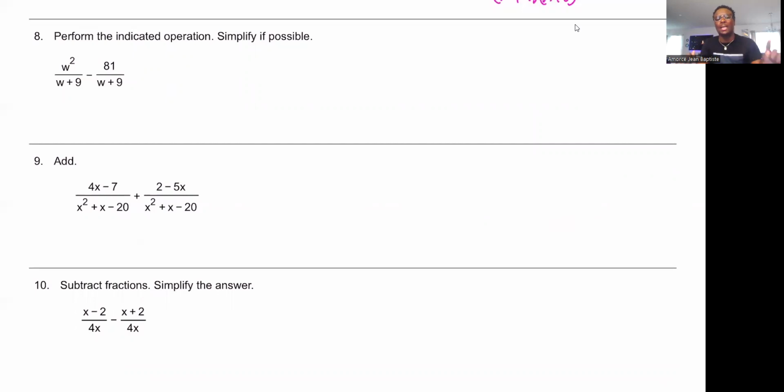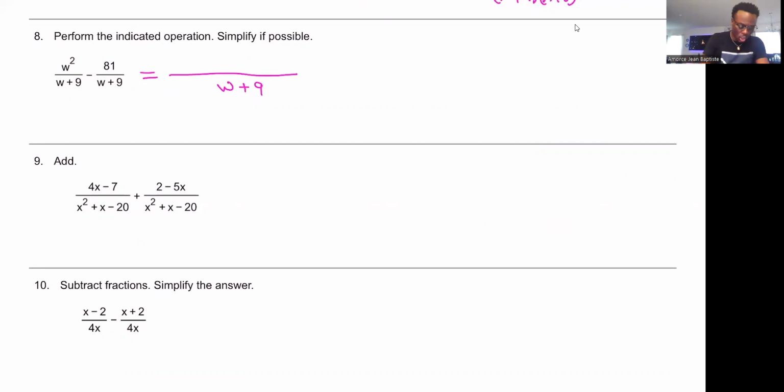But if they are not like, it's going to be your responsibility to find the least common denominator. So that said, they are the same here, w plus 9 once, and then you subtract or add whatever you have on top.